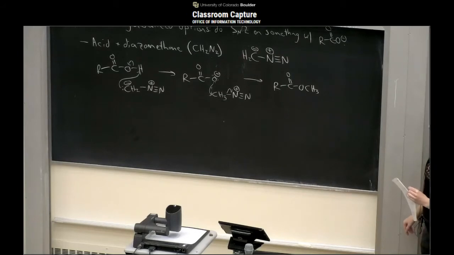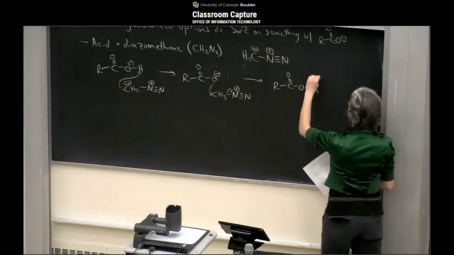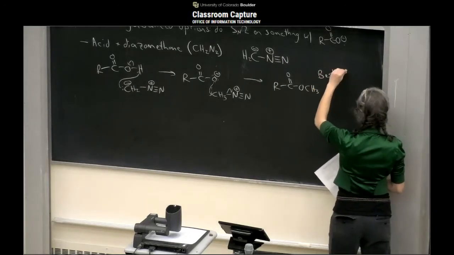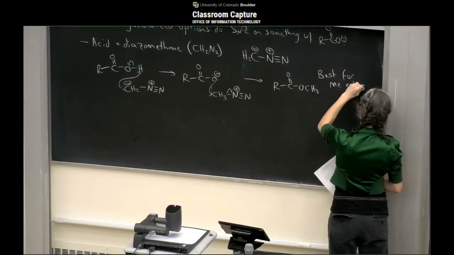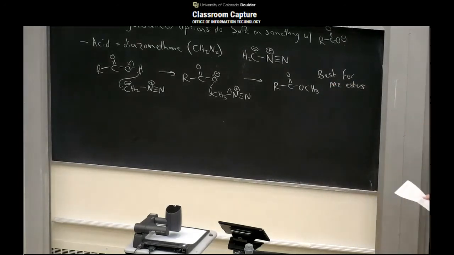It's not too versatile for other options, just because other diazomethanes are harder to make and trickier to work with. But if all you want is a methyl ester, then this is perfect. This is super easy to work with, assuming you have the piece of equipment that you need.